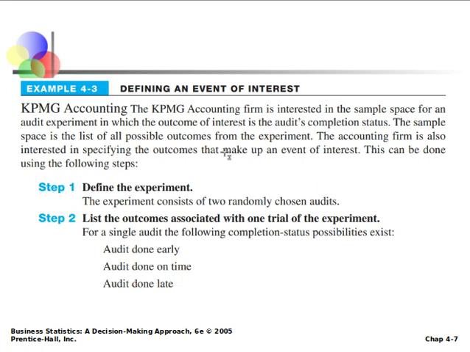The accounting firm is also interested in specifying the outcomes that make up an event of interest. This can be done using the following steps. Step 1. Define the experiment. What is the experiment all about? The experiment consists of two randomly chosen audits.